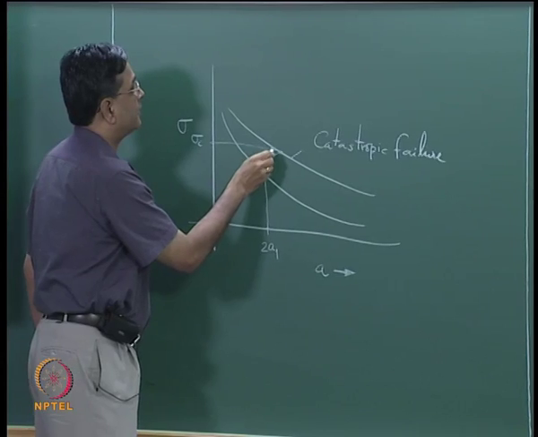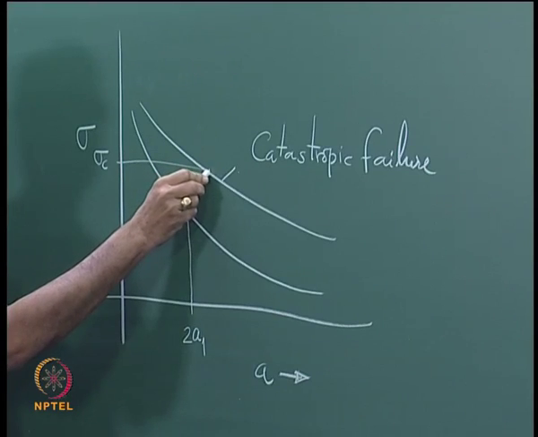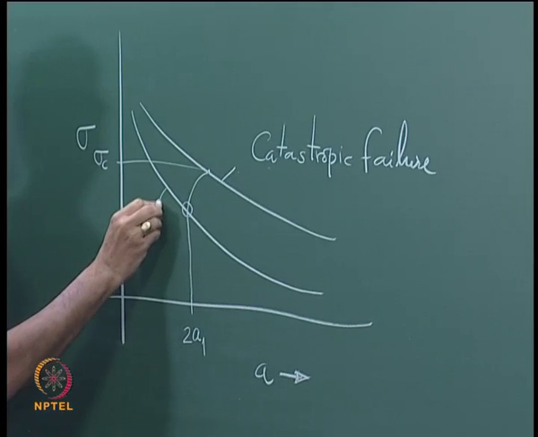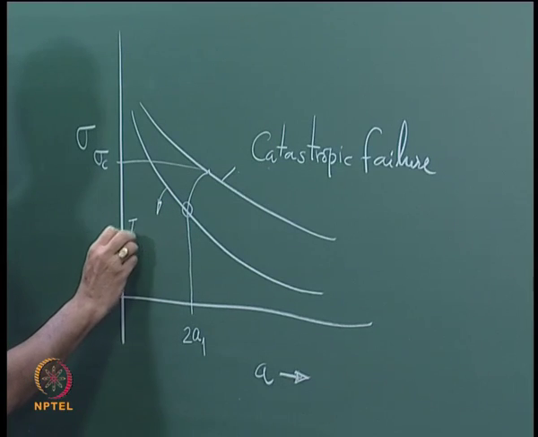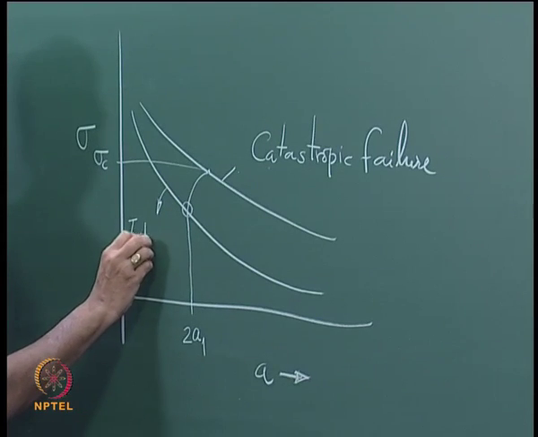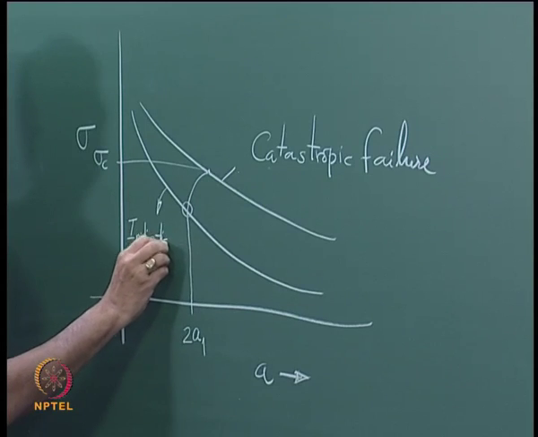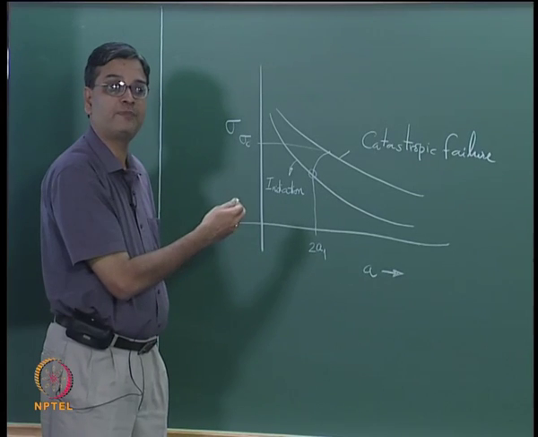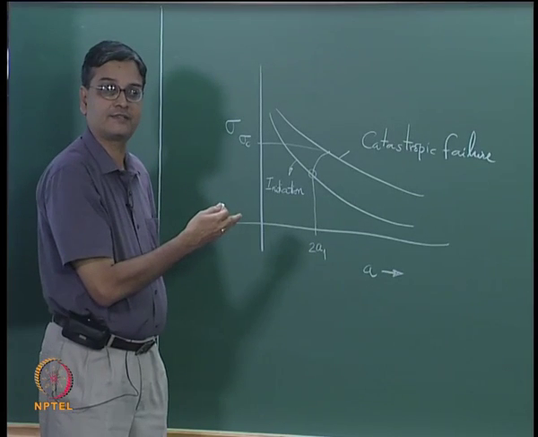Once the crack length increases and touches this line, you will have a catastrophic failure, and here crack initiation takes place. And from this graph, what we are trying to do is develop the concept of apparent toughness.